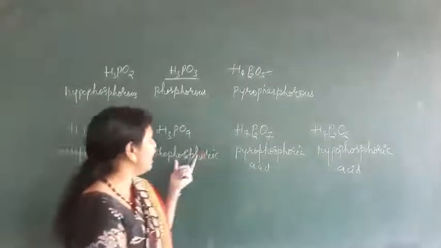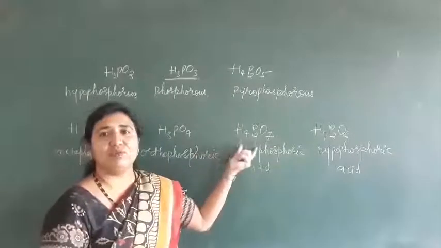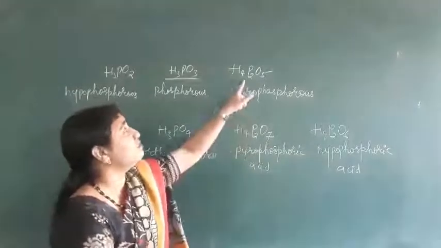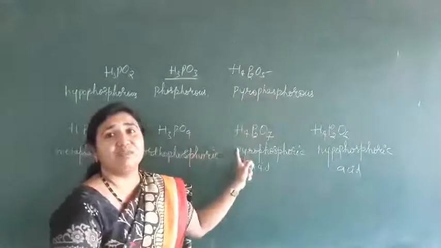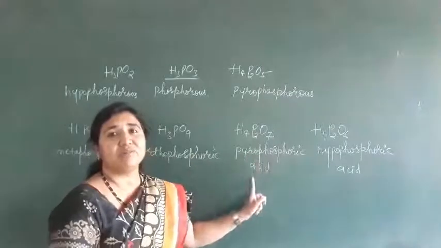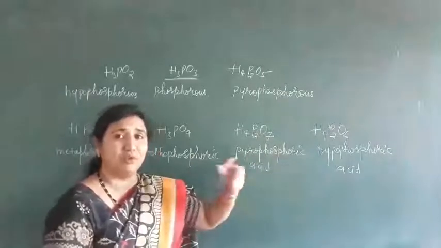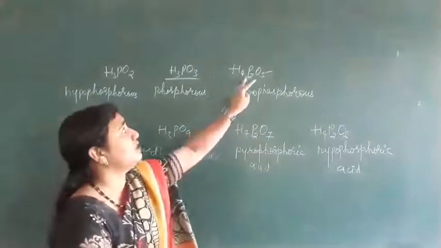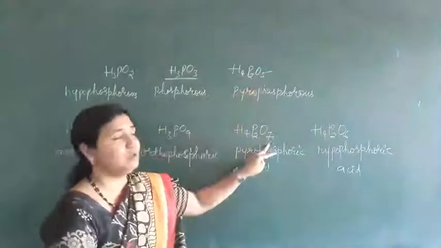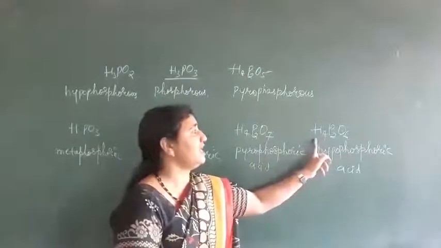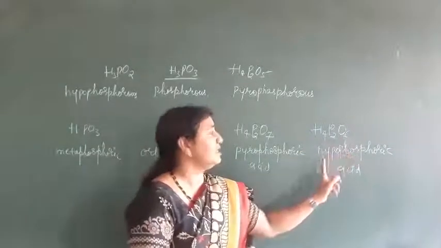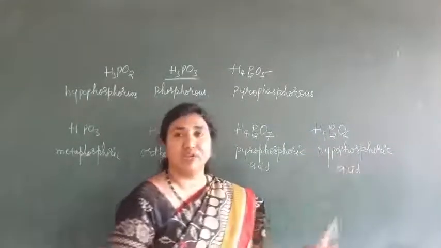If we add these two, we will get H4P2O7. H4P2O5 means pyrophosphorous acid, and H4P2O7 means pyrophosphoric acid, with 2 oxygens more: here O5, here O7. And from this O7, with 1 oxygen reduced, we get H4P2O6.